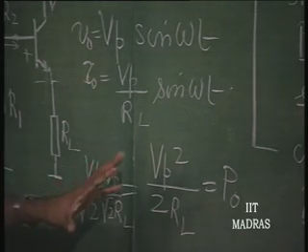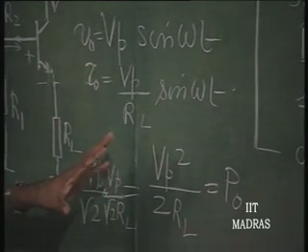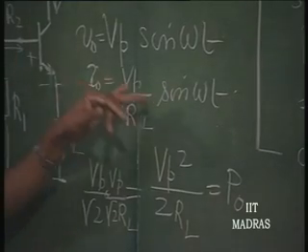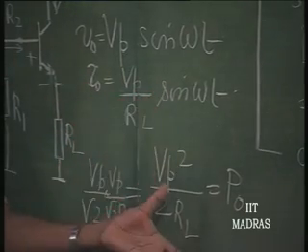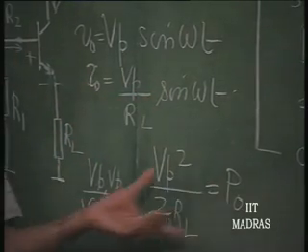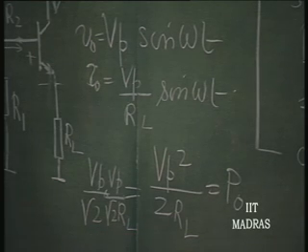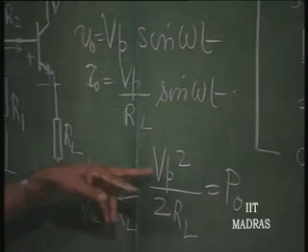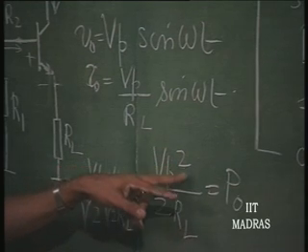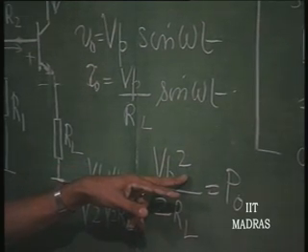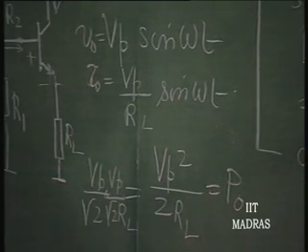At any time, if a sine wave is inputted, the output is going to be a sine wave, and therefore at any time the power outputted is Vp squared by 2 RL. What is the maximum power outputted? When Vp becomes equal to Vcc, the peak value. Why should we take the maximum power?